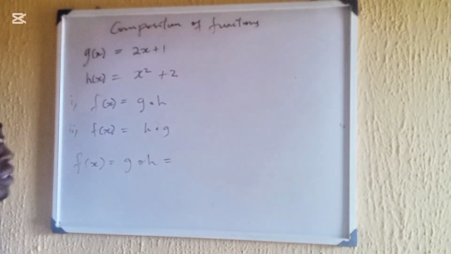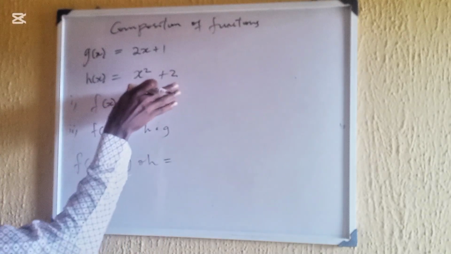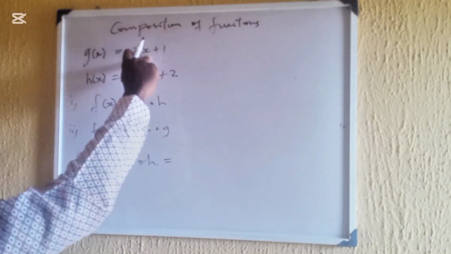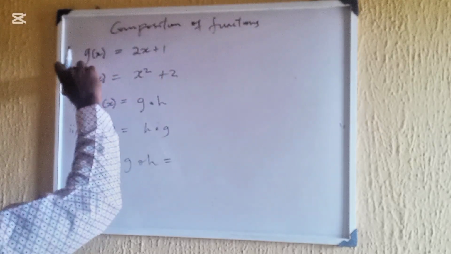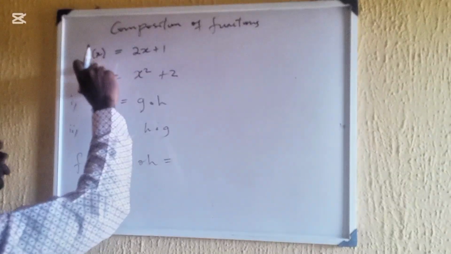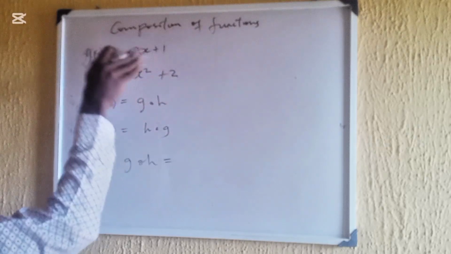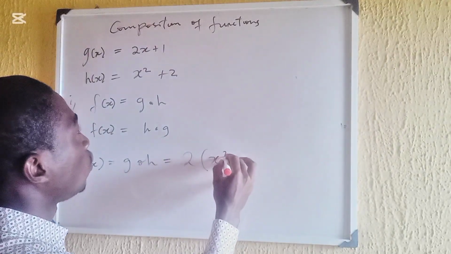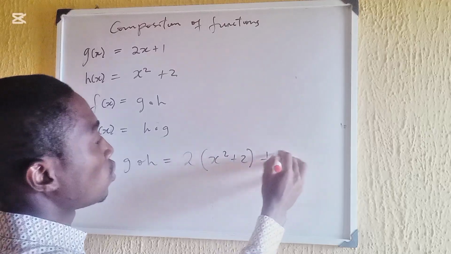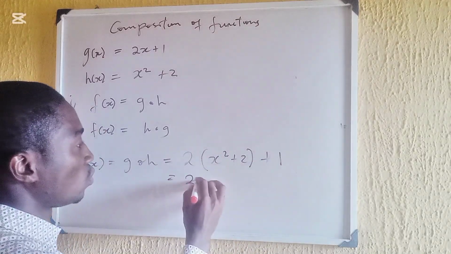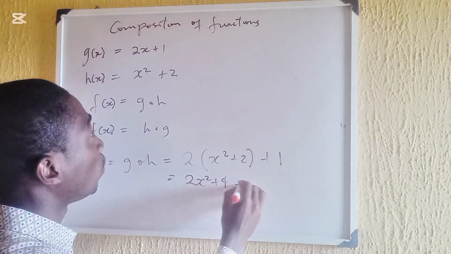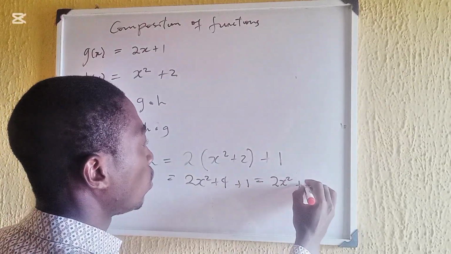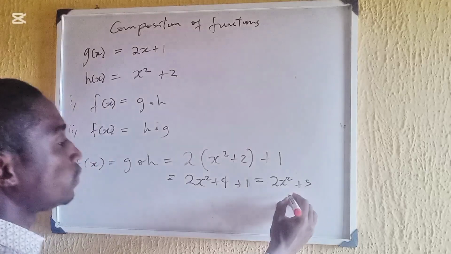Now, what does this mean? This means that we should insert h where we have x in this function. Anywhere we find x in g of x, we'll put h there. So we have 2 into x squared plus 2, plus 1, which is equal to 2x squared plus 4 plus 1, which is equal to 2x squared plus 5.